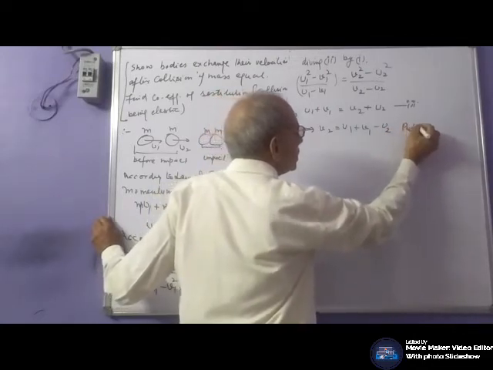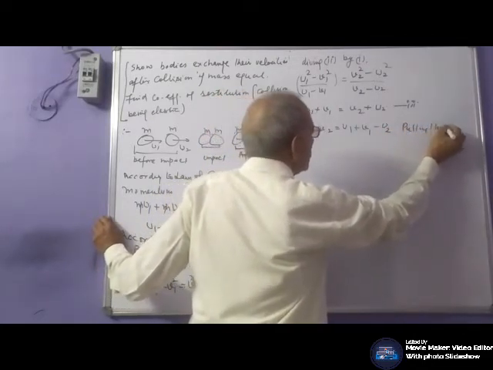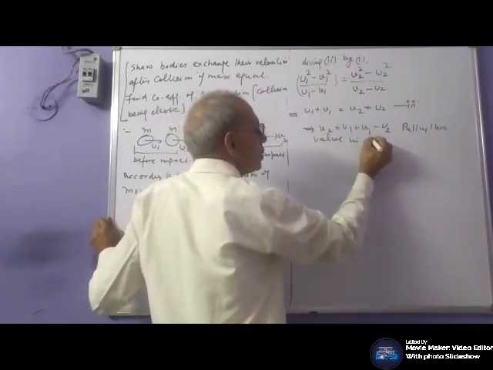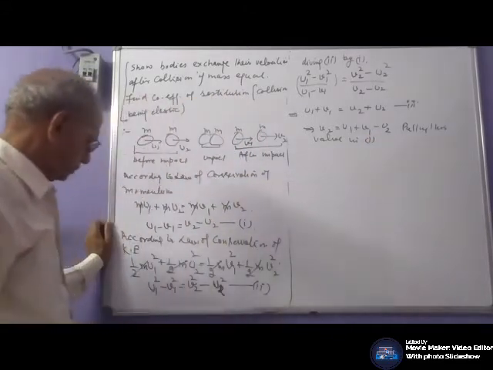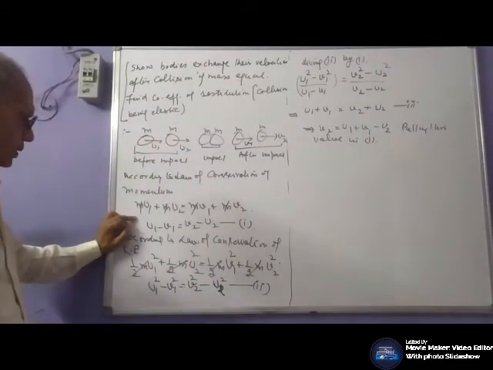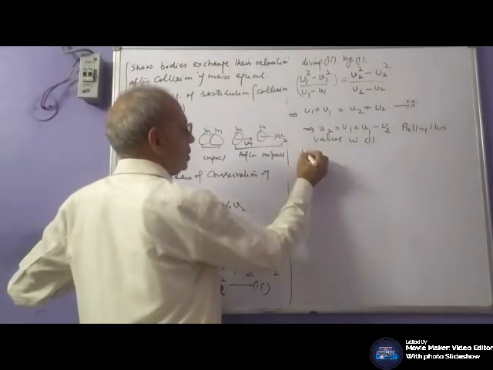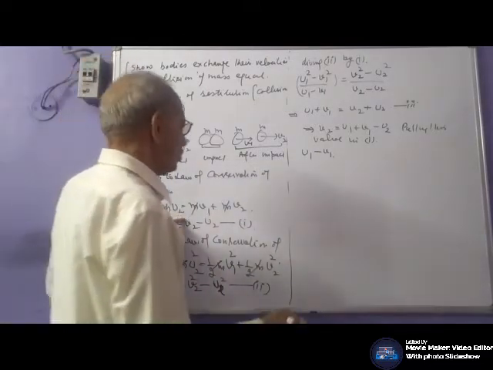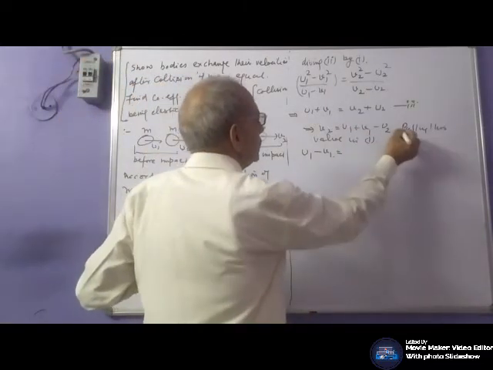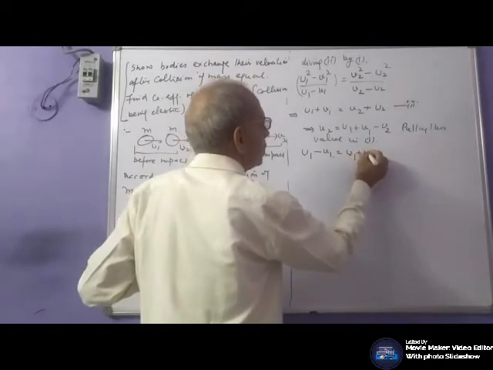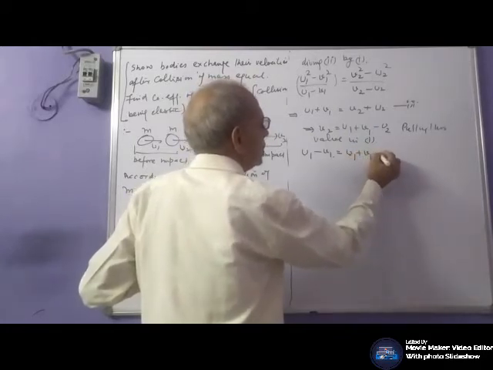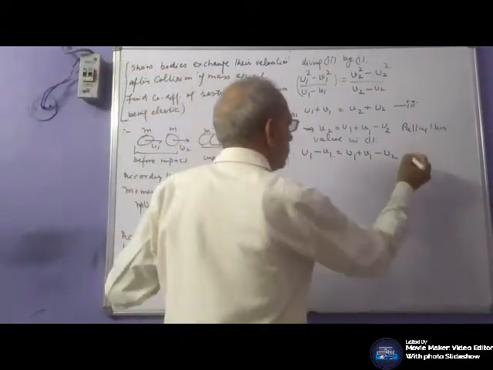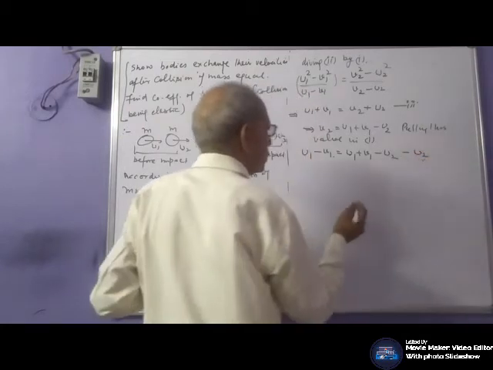Putting this value in first: U1 minus V1 equals V2 minus U2, that is U1 plus V1 minus U2 minus U2.